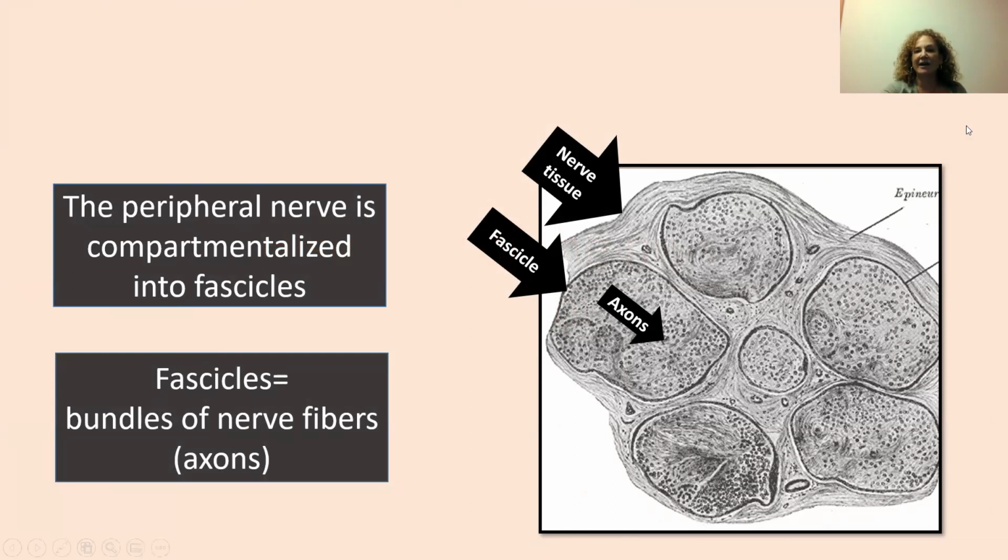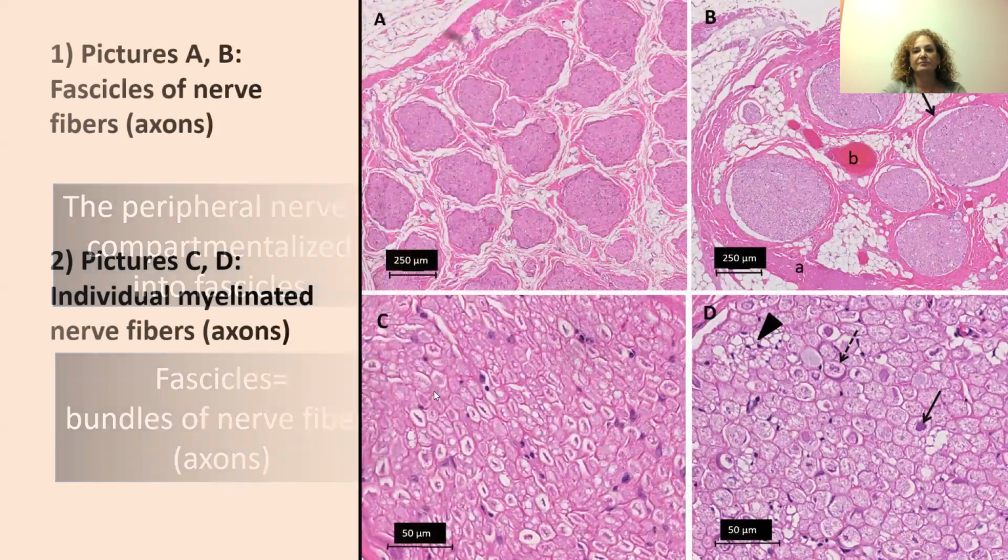The entire nerve, several fascicles of bundles of neurons, is covered by the epineurium. Each fascicle of the nerve is surrounded by a perineurium. If you go way inside, which you can't see at this power, each neuron is surrounded by an endoneurium. So this is the basic structure of the nerve tissue.